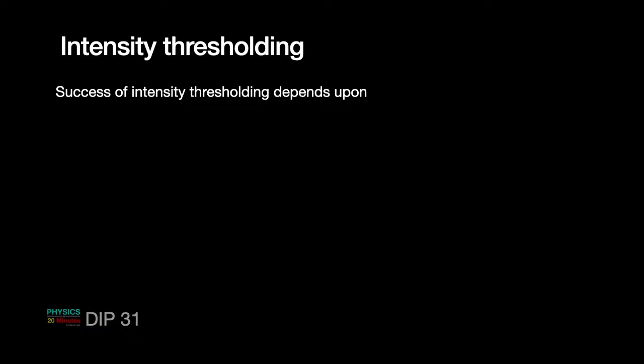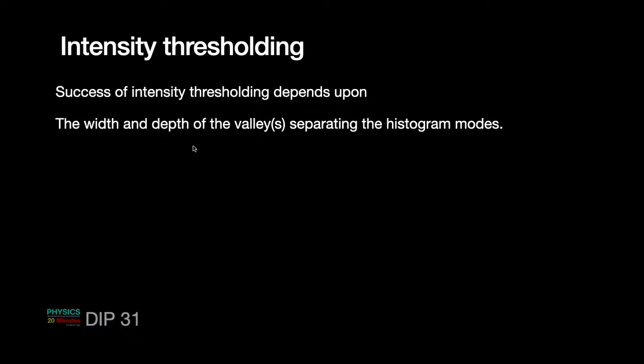Success of intensity thresholding depends on the following parameters: the width and depth of the valleys separating the histogram modes. Remember, if the valleys are wide and deep enough, then you can separate them easily by using a thresholding algorithm.